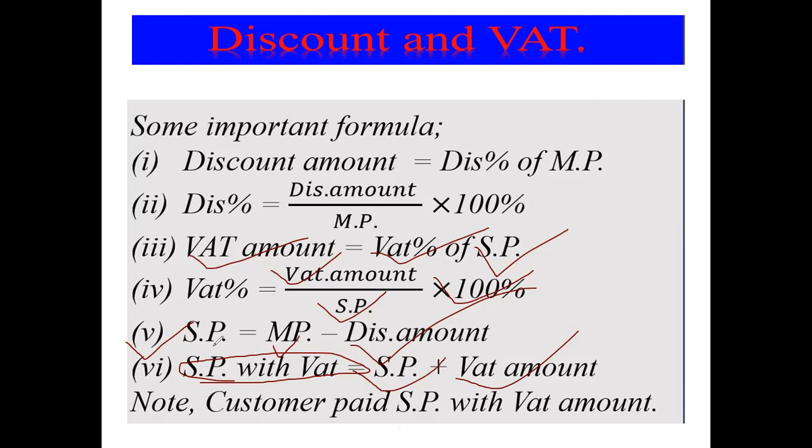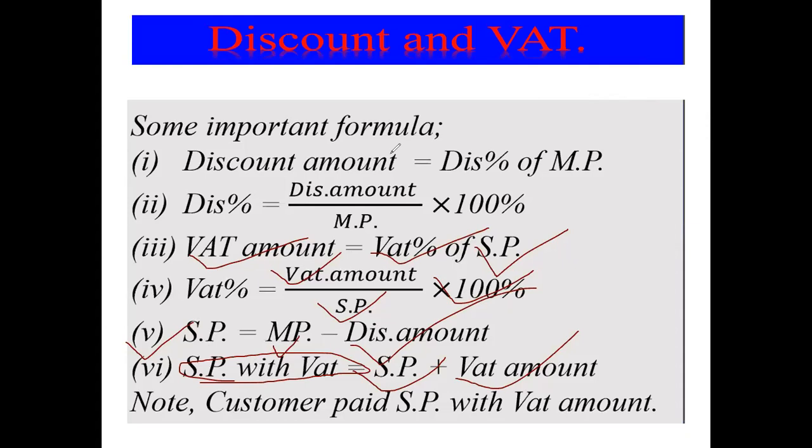We find VAT from selling price, and VAT will always be added with SP. Don't forget that. Discount is found from MP and subtracted from MP only. And remember, when there is no discount, MP itself will be the selling price.